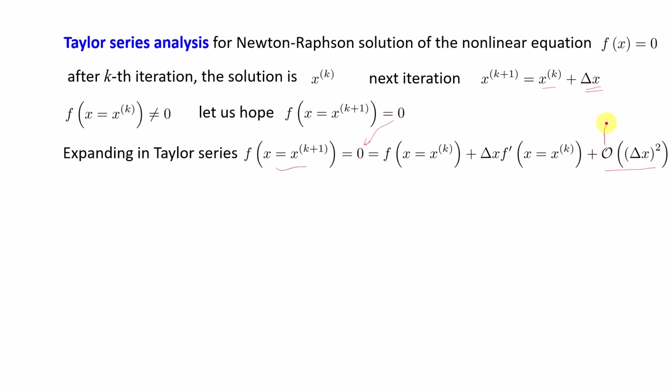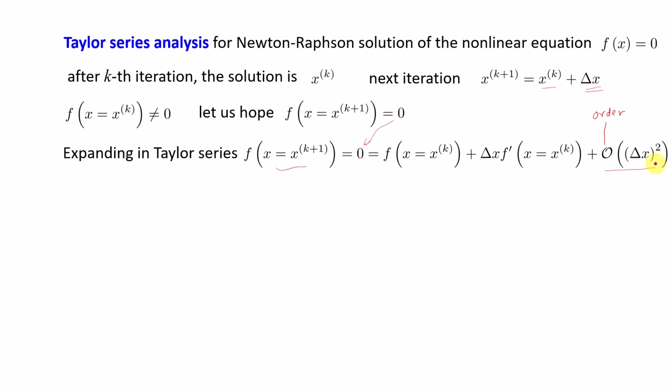O sign is something we call order. It only tells us that the order of the remaining terms will be delta x square, or in other words, if I reduce delta x, the remaining terms will reduce as a square of my reduction in delta x.